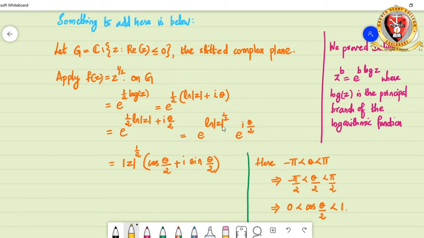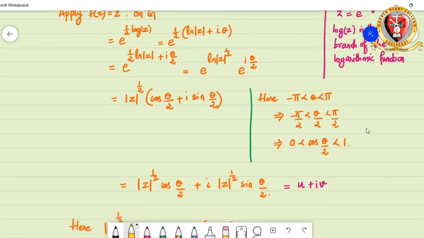And by the property of the natural logarithm, e to the power ln of modulus of z the whole raised to 1 by 2 is equal to modulus of z the whole raised to 1 by 2. And e to the power i theta by 2 can be rewritten as cos theta by 2 plus i sin theta by 2, which is a property we had done while thinking about the exponential functions and its properties.